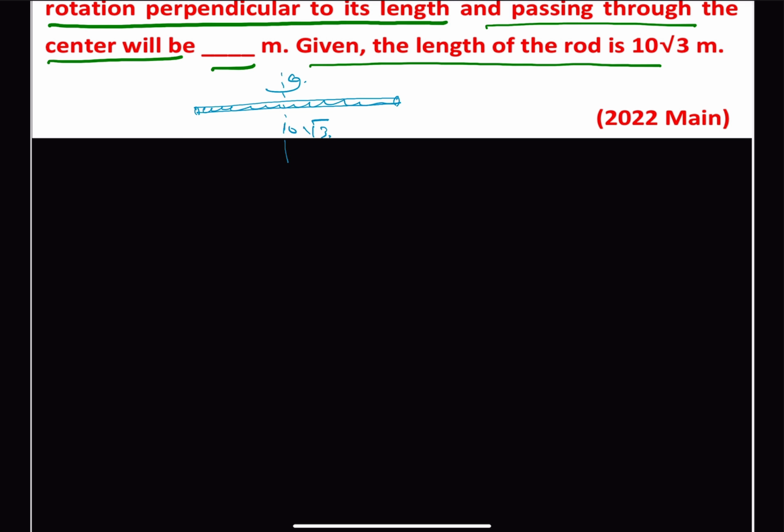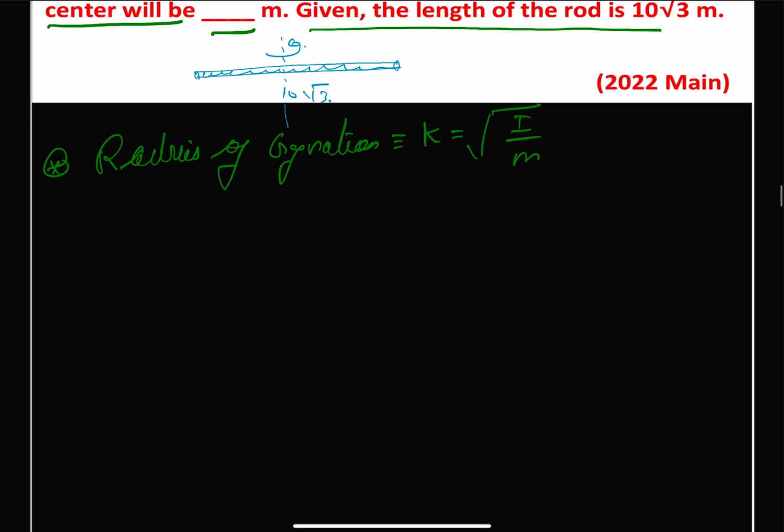We can say that our radius of gyration, which is represented as small k, will be equal to the square root of moment of inertia divided by the mass m, and it is rotating about the axis which is passing through the center.